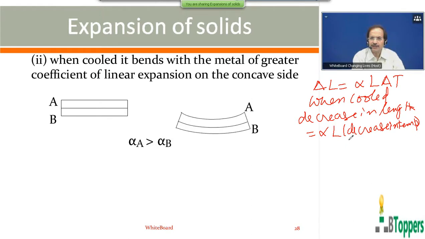For a given original length and the same fall in temperature, if alpha is more, the decrease in length will be more. I have again shown the bimetallic strip on the left side before it is cooled, and then the situation where it is cooled.